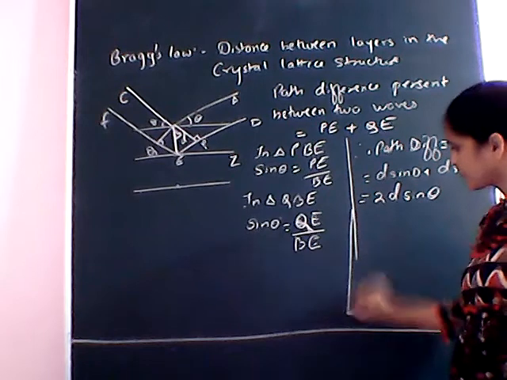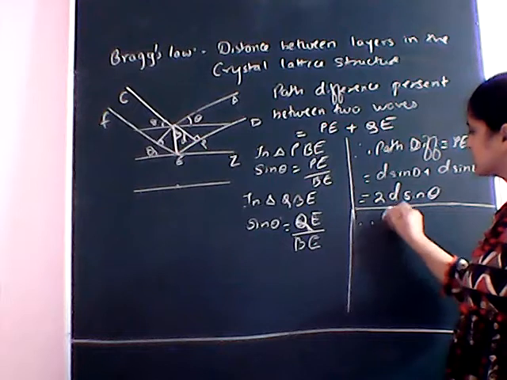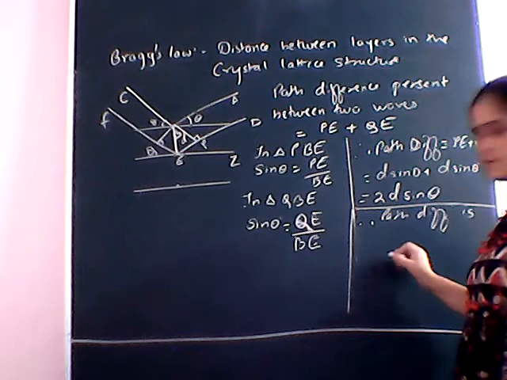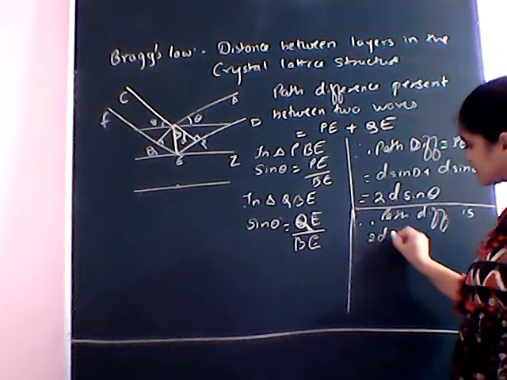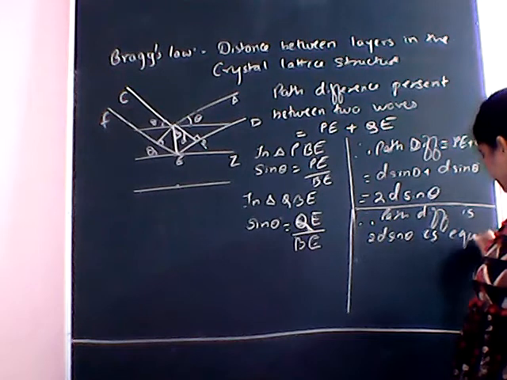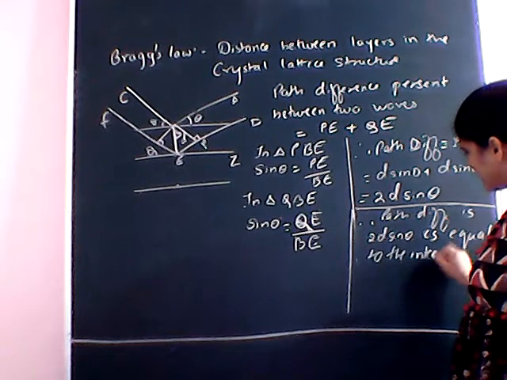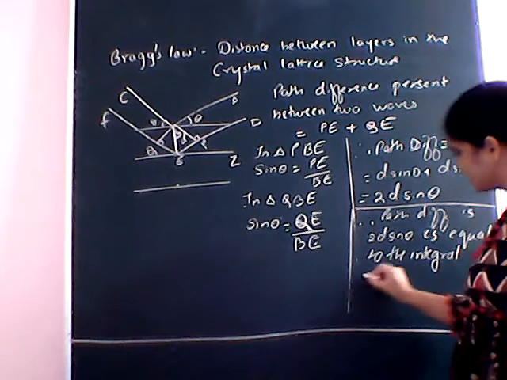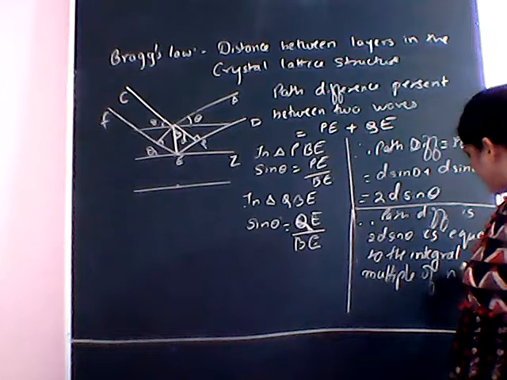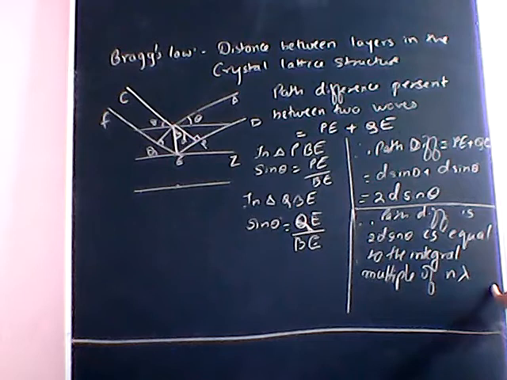So the path difference, 2d sin theta, is equal to an integral multiple of n lambda.